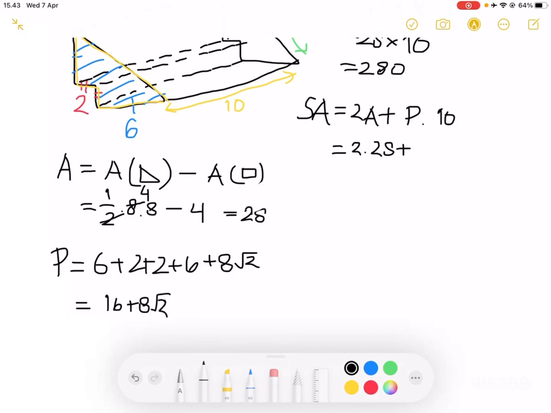And perhaps you can just factor out an 8 if you're fancy enough, I guess. So we will have 16 plus 8 square root of 2, all of that multiplied by 10. And I'll let you guys do the arithmetic to find this answer.